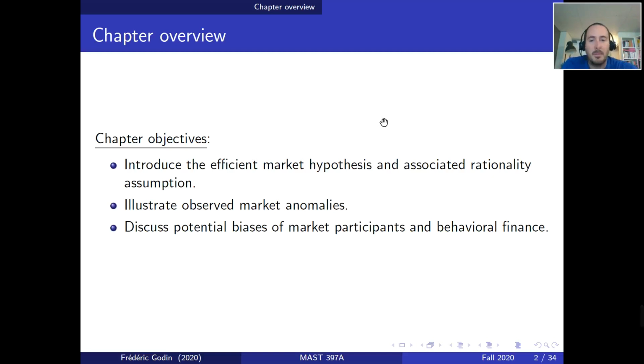So the former hypothesis, the efficient market hypothesis, in a nutshell, assumes that investors are fully rational, they make fully rational decisions, and then market anomalies are evidence that seem to contradict this assumption in some circumstances. And then finally, the third topic is the discussion of behavioral finance, which discusses the biases associated with decision making in finance, because we're all human beings, we're all susceptible to biases.